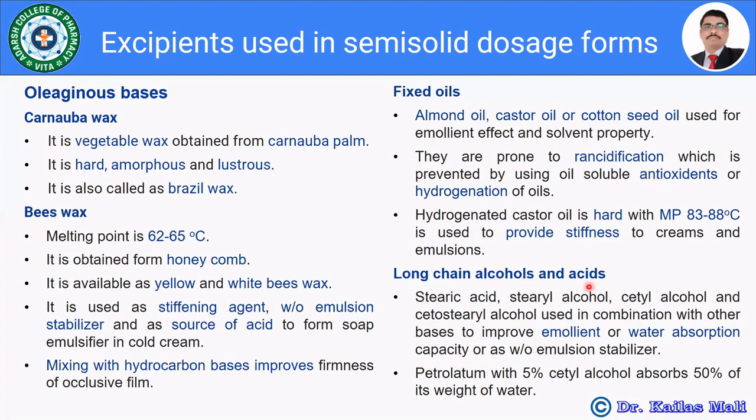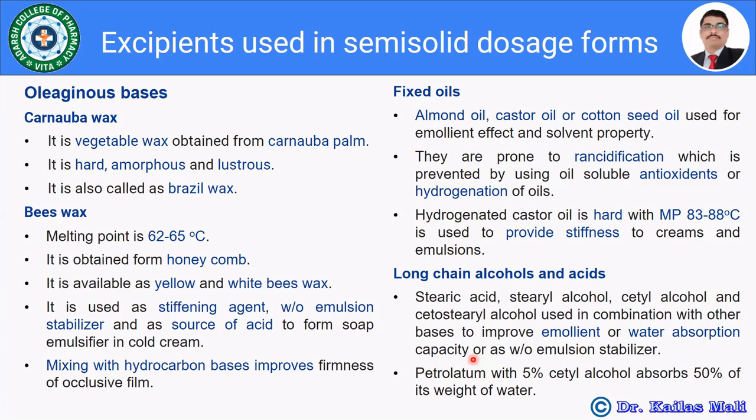Then long chain alcohols and acids, for example, stearic acid, stearyl alcohol, cetyl alcohol, cetostearyl alcohol, used in combination with the other bases to improve the emollient or water absorption capacity. See, we are not always using oil-soluble drugs. Sometimes the drugs are soluble in water, isn't it? So in such cases, we have to incorporate some volume of water into the semi-solid formulation.